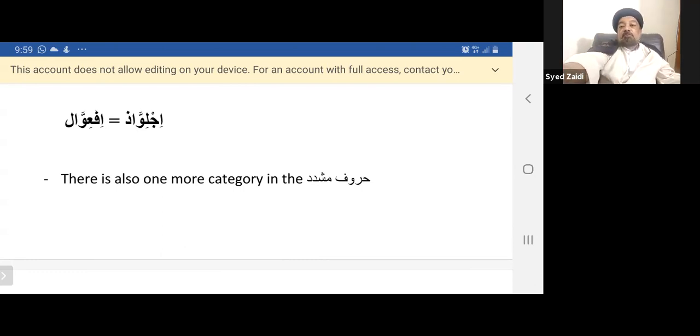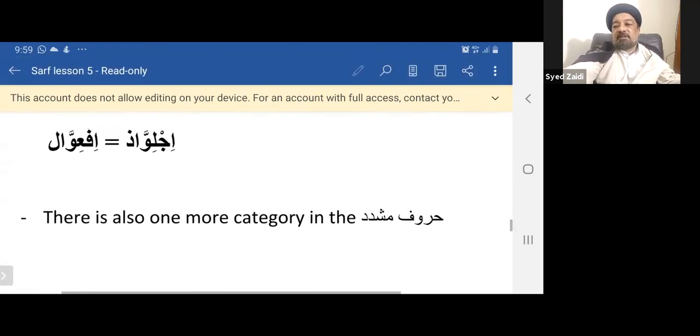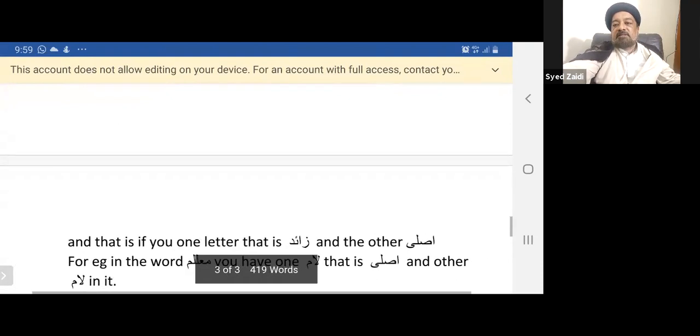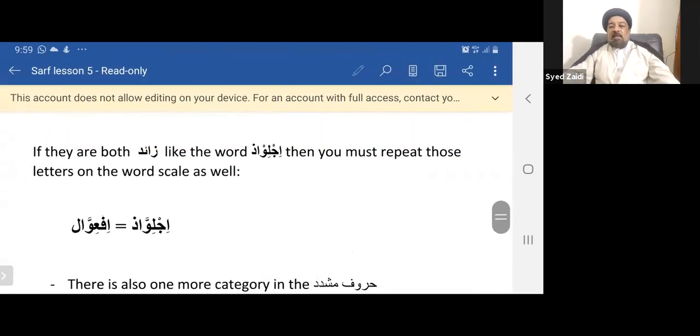Now, if you can see, yeah, can you scroll up, please, a little bit? I'll read from the text to make it simple. Can you scroll down, please? The previous one. Yes. If they are both zaid, like the word ijlawwaza, then you must repeat the letters on the word scale.